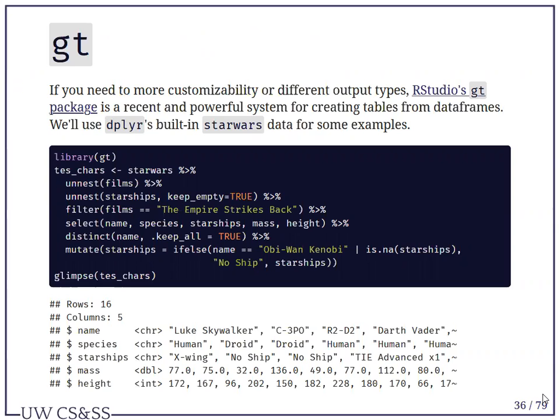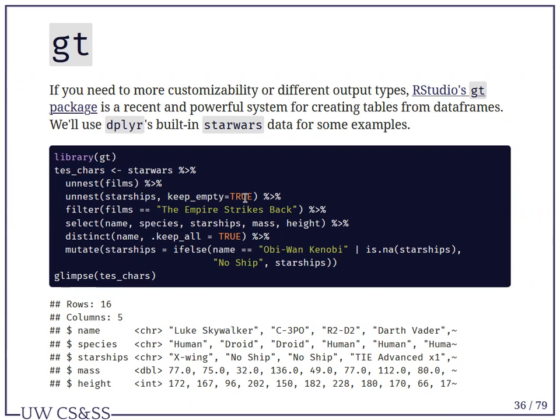We'll use dplyr's built-in Star Wars data for some examples. The Star Wars data is just a bunch of very nerdy things about Star Wars. And so I created this, the Empire Strikes Back characters data frame.